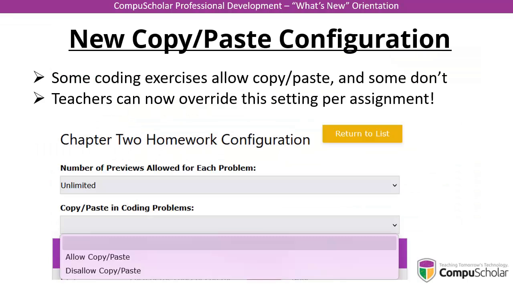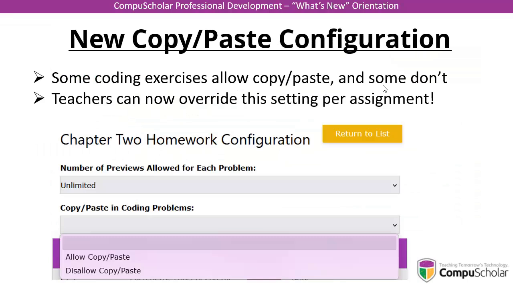The next update I'll mention addresses a popular request from teachers. Our online coding IDE includes editing panels where students can type in their code. By default, in some activities, the editing panels allow copy and pasting, so students can bring in code from external environments.